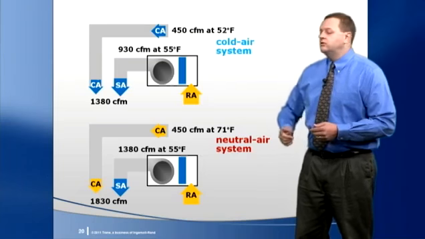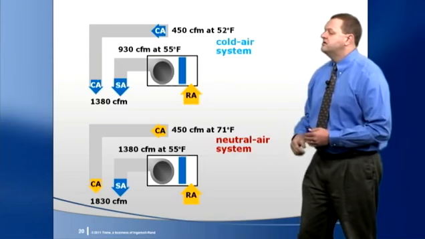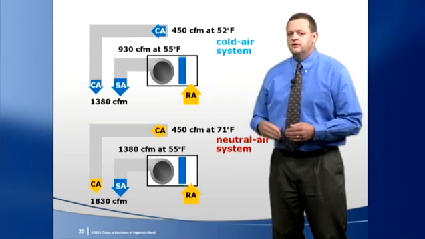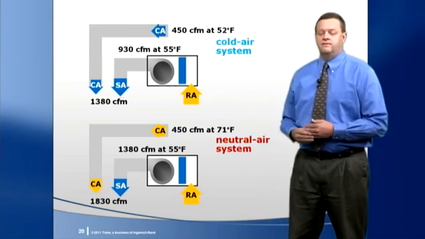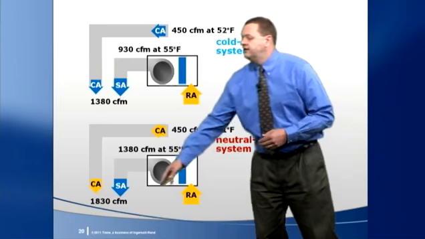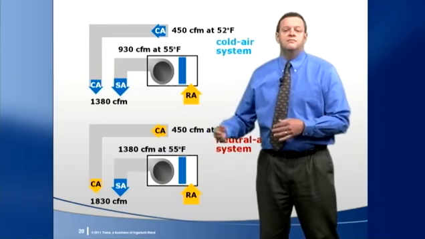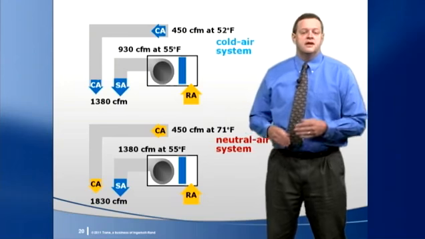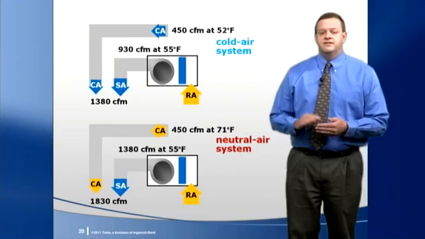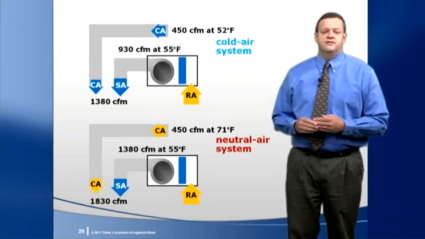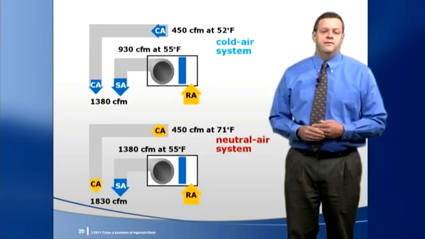In this case, the local HVAC unit will need to be larger, 1,380 CFM in this example. The result is more overall airflow, a total of 1,830 CFM in this neutral air system. This means more fan energy. The dedicated outdoor air unit delivers the same airflow in either case, but the local units in the neutral air system need to move more air.